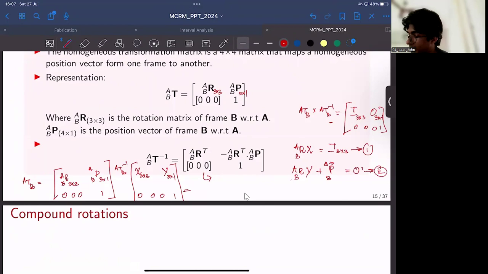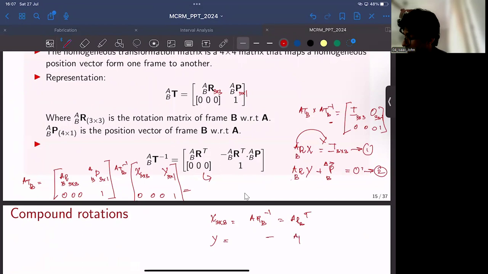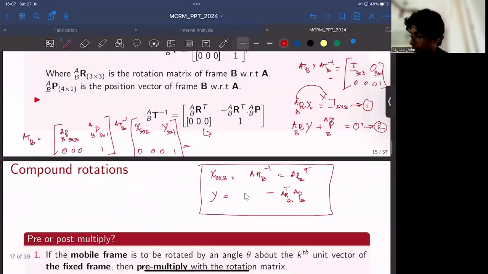So what is this x? The unknown orientation x would be ARB inverse, or ARB transpose, both are the same. And y would be minus ARB transpose APB.